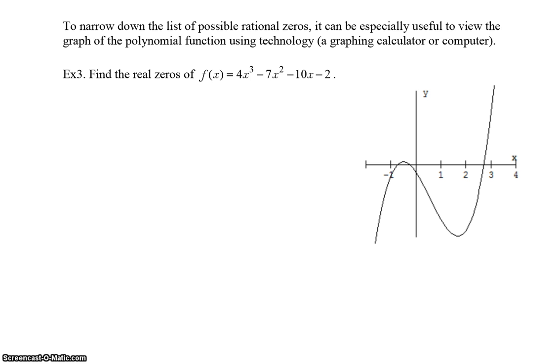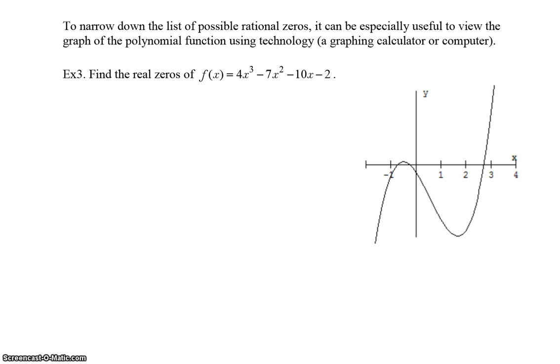And since technology makes this very easy, either using a graphing calculator or something like Desmos, which you have a link to through MyMathLab, you can easily produce the graph of the polynomial function whose zeros you're trying to find. And then just keep in mind that real zeros correspond to x-intercepts of the graph. And by looking at the x-intercepts, you can determine which rational zeros might be good candidates to be the actual zeros of the polynomial.